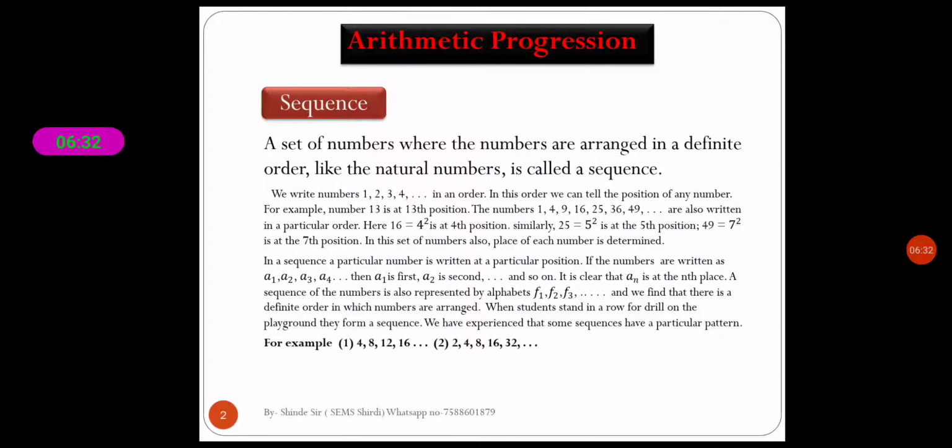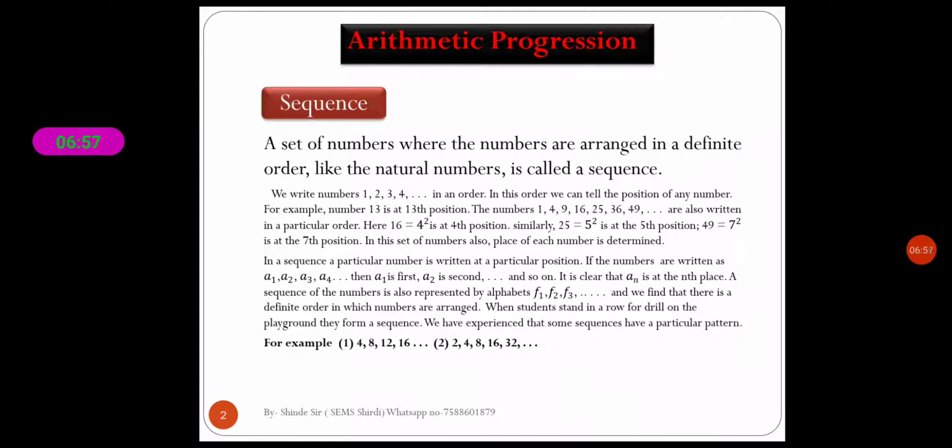The difference between them is 4. We consider the next consecutive terms 8 and 12. Again the difference between them is 4. Similarly for 12 and 16, it is 4. So this sequence has a particular pattern.